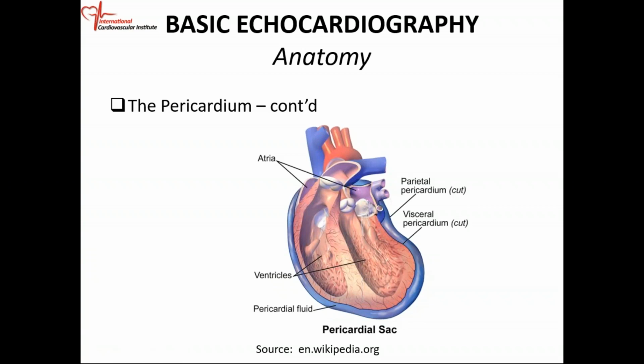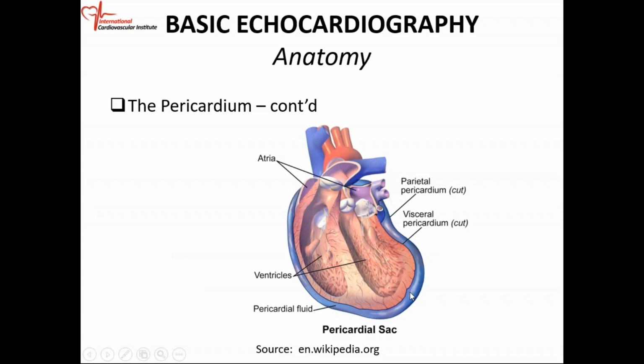This is all exaggerated for you to appreciate it. This pericardial sac or pericardial fluid is something you can't see unless there's pathology. Unless there's a disease situation, you can't see it. Okay, but it was exaggerated here for you to get an idea what we're talking about.